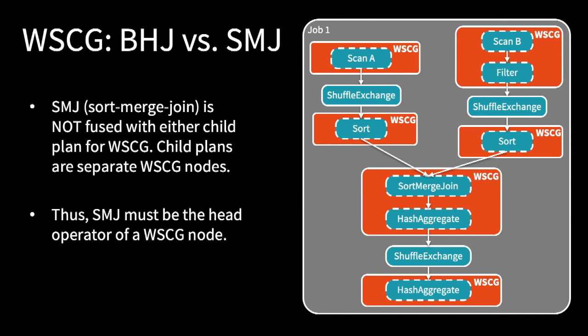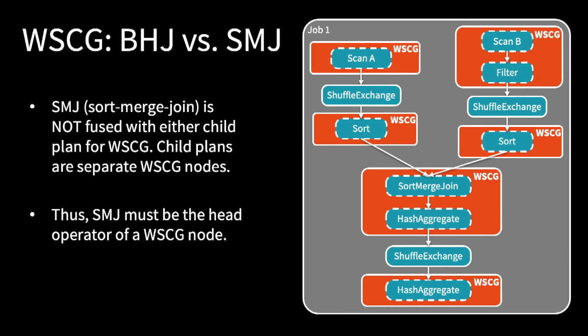multi-dependency is not supported in the code generation implementation in Spark, so Spark has to do a little bit of special handling with the sort merge join node when planning code generation, by putting the join's input into separate whole stage codegen nodes.